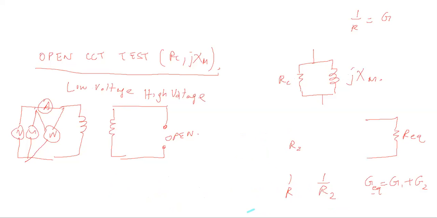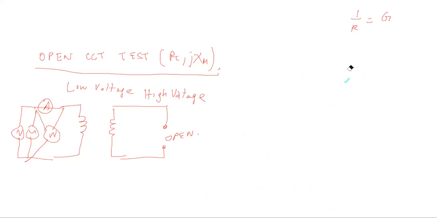Whenever we have any two components in parallel, their conductances can add up, and if we want to resolve their resistance, then we have to use a slightly more complicated expression. So we are going to take the voltage reading from the voltmeter, the current reading from the ammeter, and the wattmeter reading to measure the power, and that we are going to use to find RC and JXM.